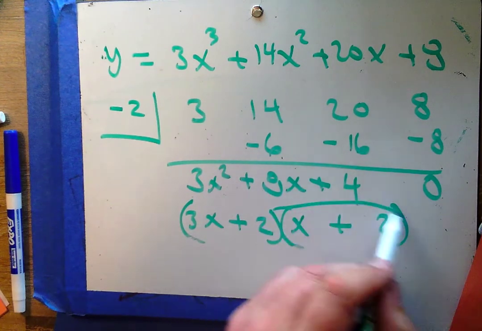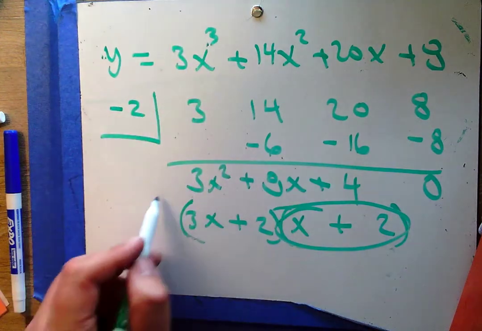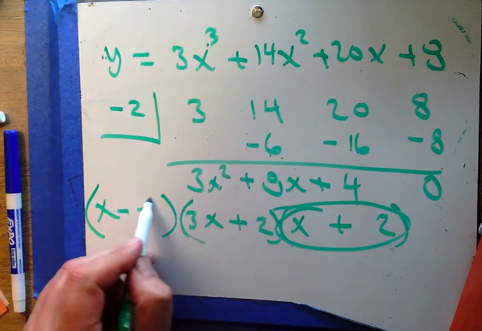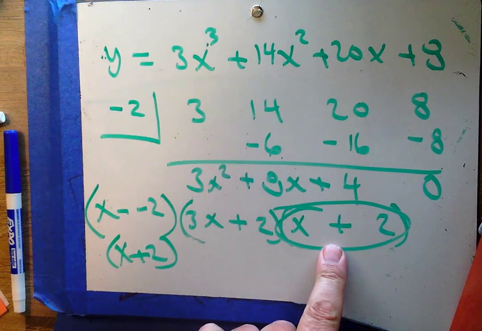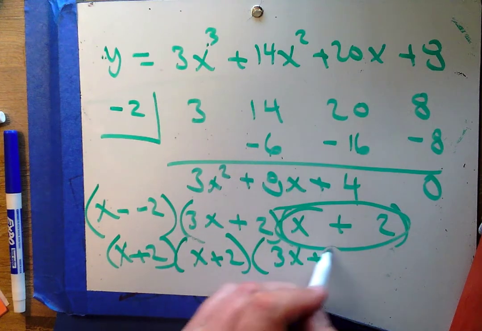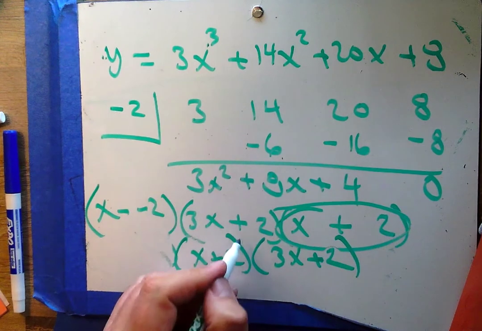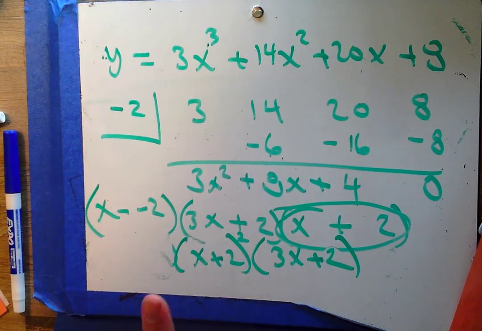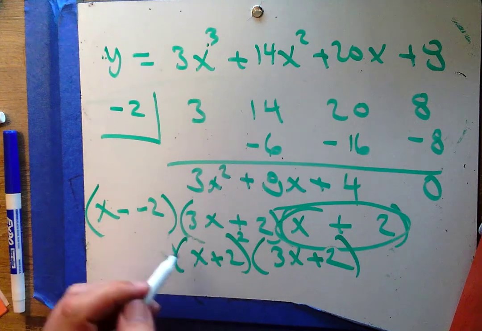But look at that. Do we have the complete factorization? No, we need third degree. So we want x minus a minus 2, which is x plus 2. I've got another x plus 2 over here, and then my 3x plus 2. And what can we do with that? Multiplicity of 2. Did we see the bounce on this graph at x equals -2? Right.